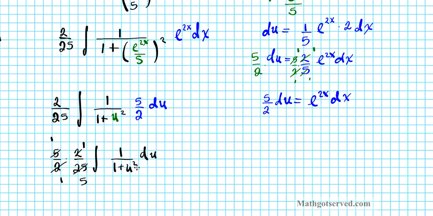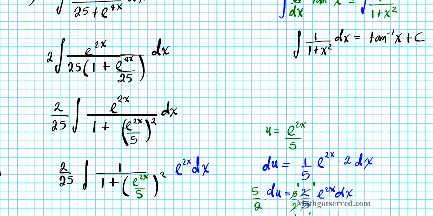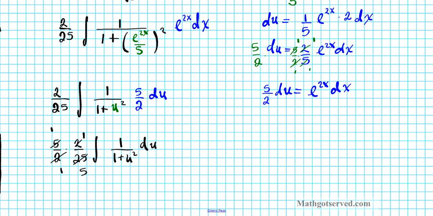Now if you evaluate this integral using this rule that we determined earlier, the antiderivative of 1 over 1 plus x squared dx is the arctan of x. Okay, so the antiderivative of this expression is simply going to be 1 over 5 times the arctan of u plus c.